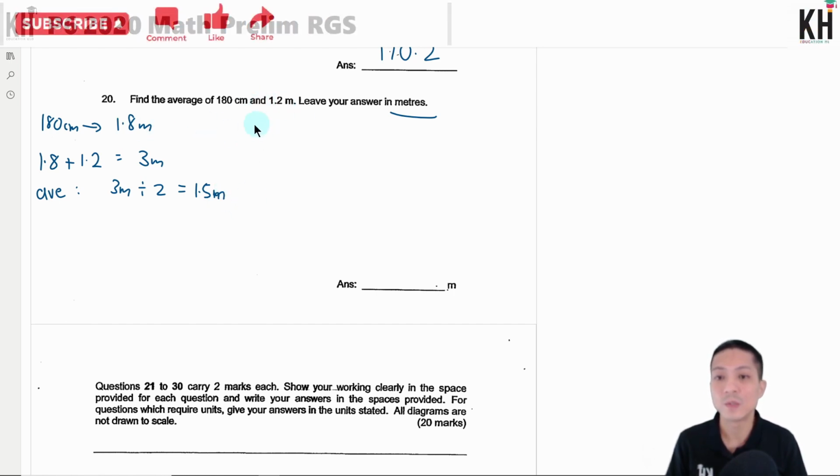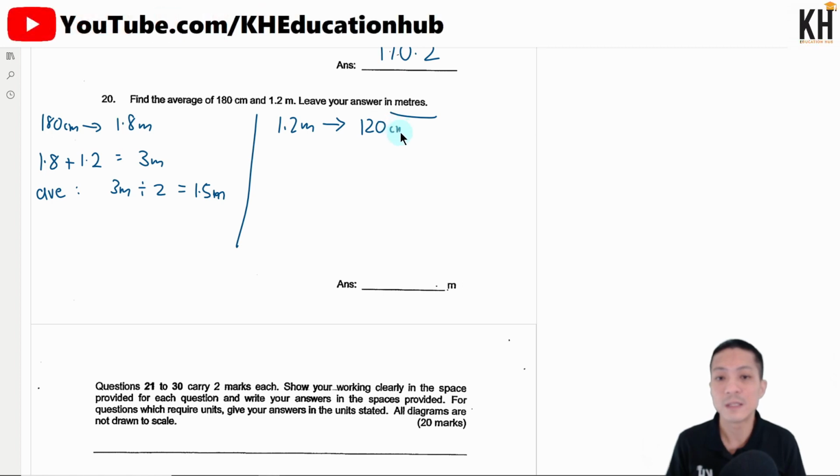Of course, you can also convert the 1.2 meters into centimeters if you're not comfortable dealing with decimals. 120 centimeters, then 180 plus 120 gives you 300 centimeters.